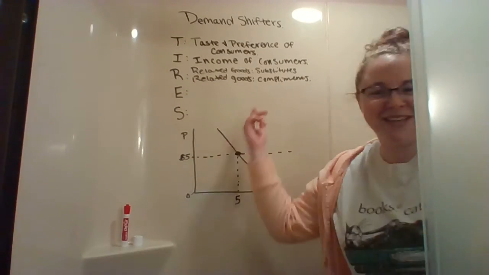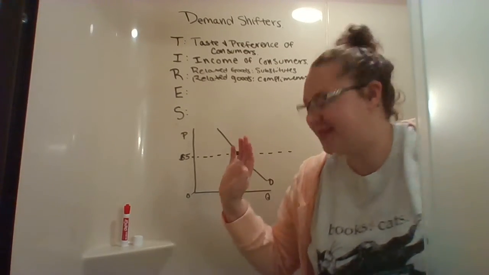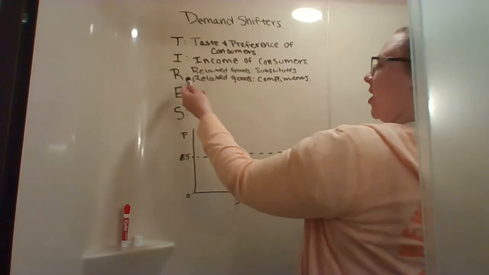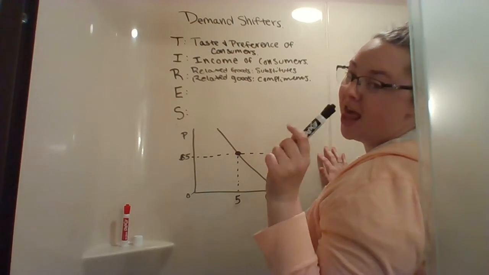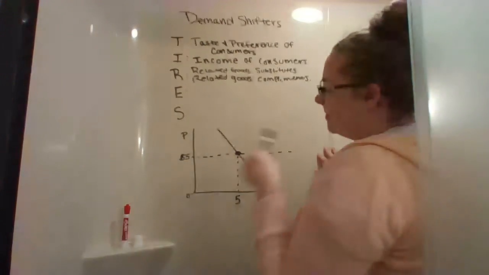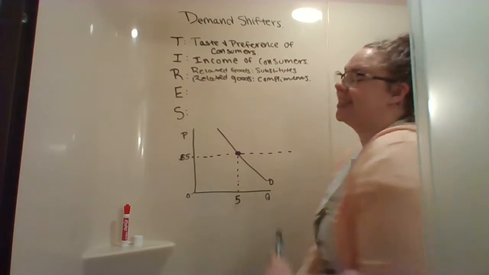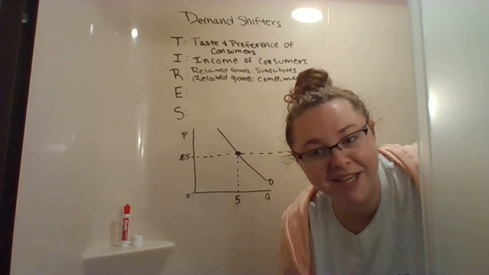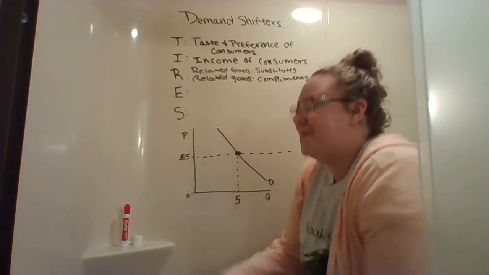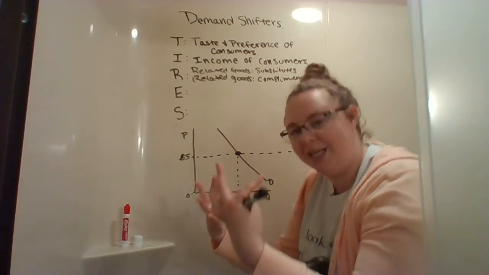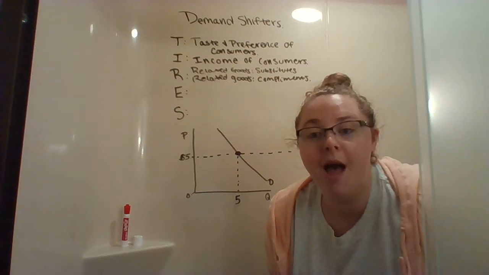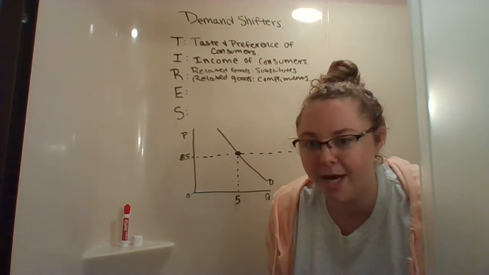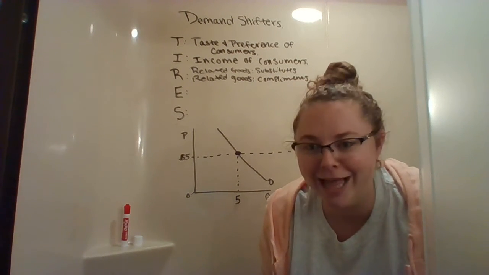Okay, so I forgot to write it up here, so make sure you write it in your notes. But the first one under R is related goods substitutes. The second one under R is related goods complements. It's peanut butter jelly time. So a good example of complements would be peanut butter and jelly.